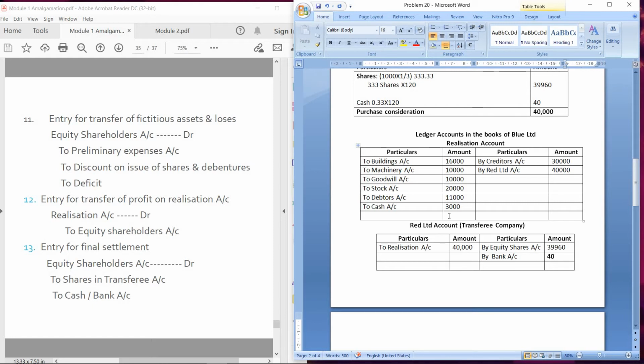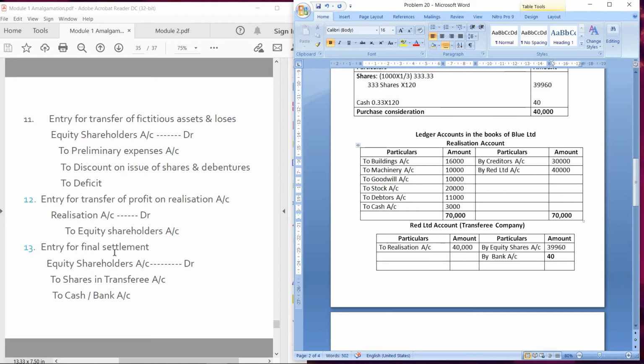When you make the total, you find that there is neither profit nor loss. Both debit side and credit side, the total is same. That is 70,000. So we will write it here on both the sides, 70,000.